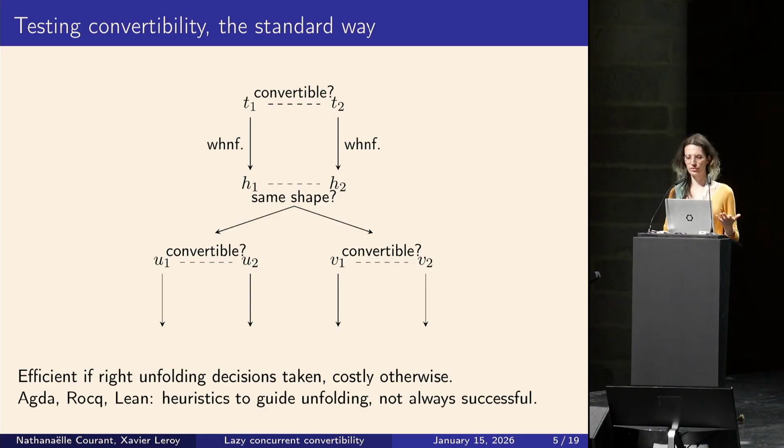This is efficient if the right unfolding decisions are taken as I showed in the introduction, but it can be costly otherwise. For the large theorem provers, the important ones, they use heuristics to guide unfolding, which are not always successful.